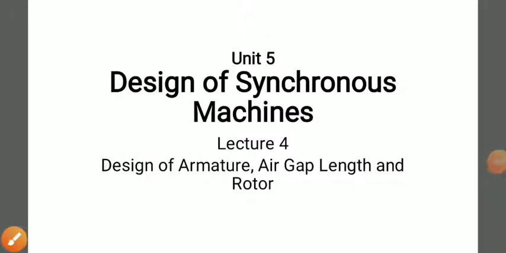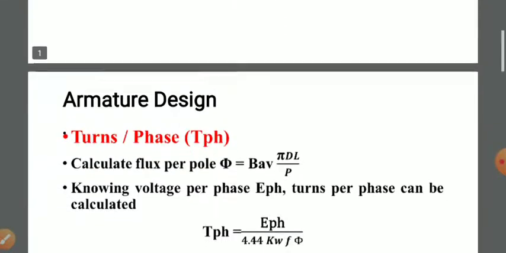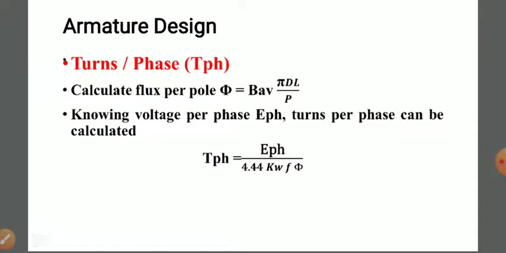In this lecture, we will discuss the design of armature, air gap length and rotor of the synchronous machine. So first we will start with the armature design. The armature of the synchronous machine consists of the winding.